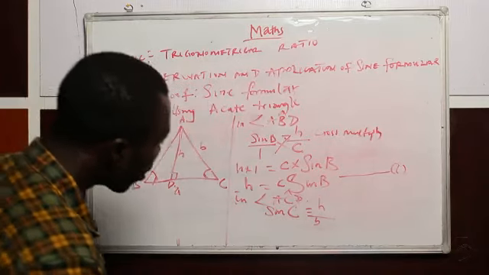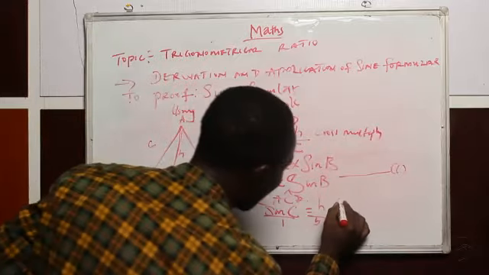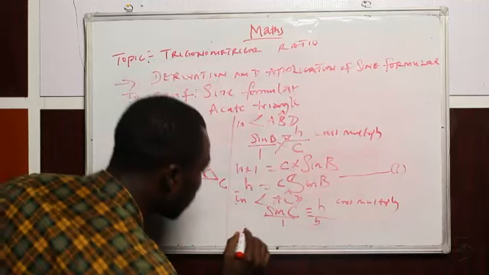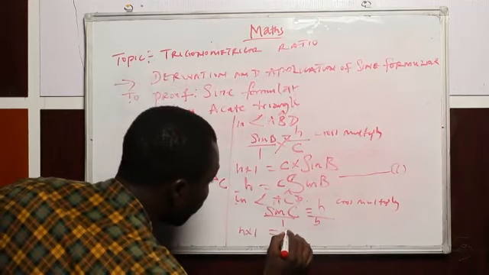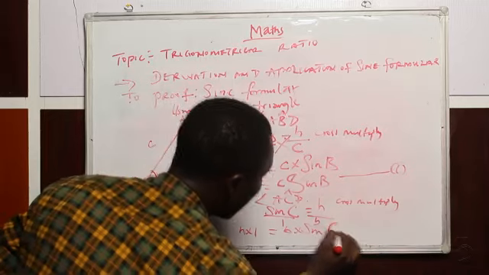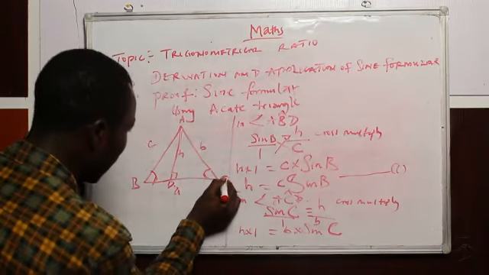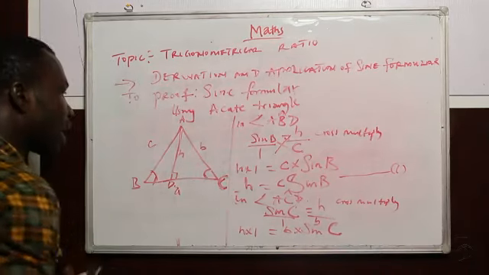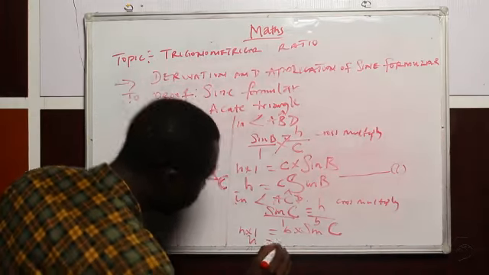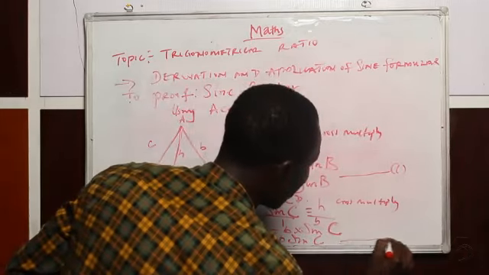Because of uniformity, we make this 1 over 1. The next step is that we cross multiply. When we cross multiply, we have h times 1 equal to b times sine C. The capital letter C is the angle. So in trigonometry ratio, we represent the angle with a capital letter, but the side with a small letter. Please don't forget. Now, h times 1 gives us h is equal to b sine C, which is equation 2.